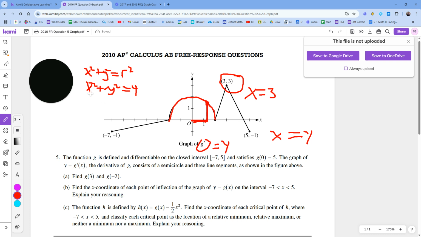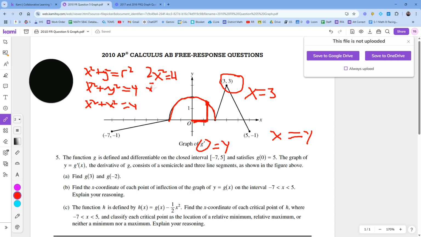And I want to know when x and y are equal to the same value. So I can actually take out the y and make it x, because I want to know when x and y are the same value, and just solve this equation. So x squared plus x squared is 2x squared, and then equal to 4, and then solve it.